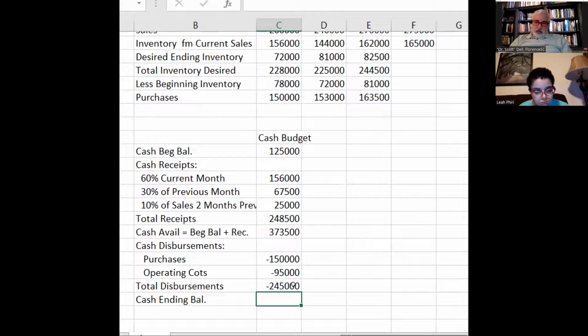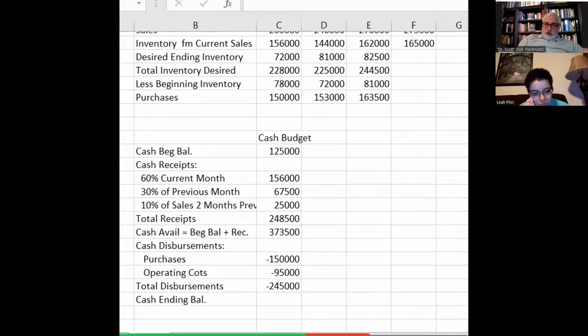Cash ending balance. How do I get my cash ending balance?